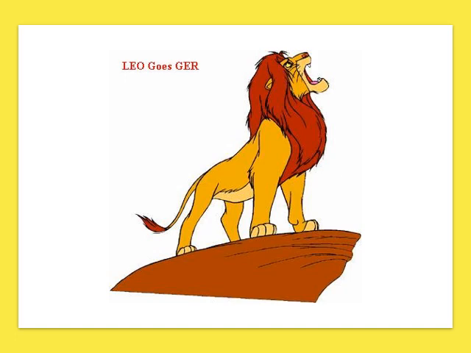Leo goes grr. L-E-O. So lose electrons, oxidation. And then grr is gain electrons, reduction. Leo goes grr. Gain electrons, reduction.